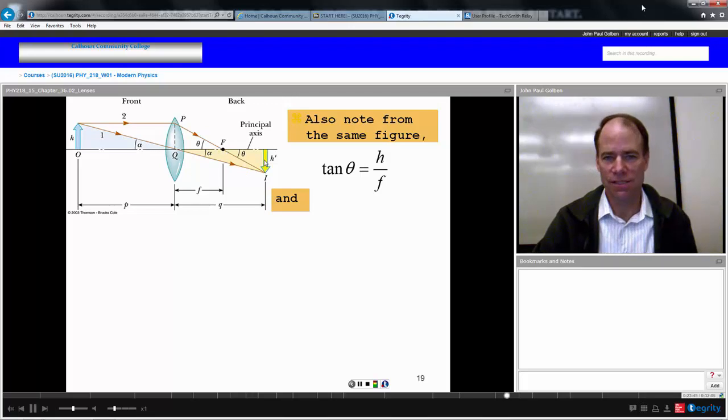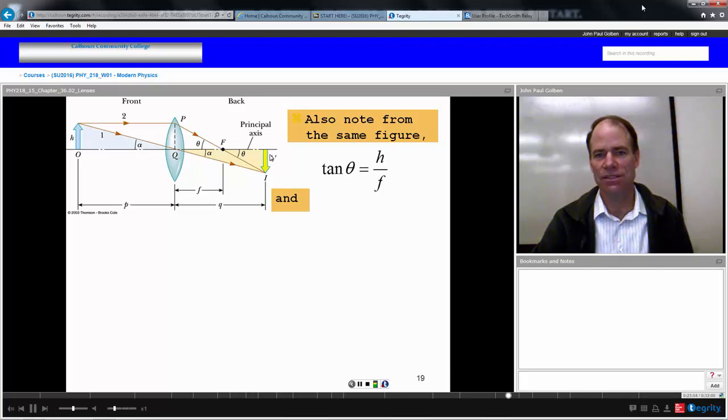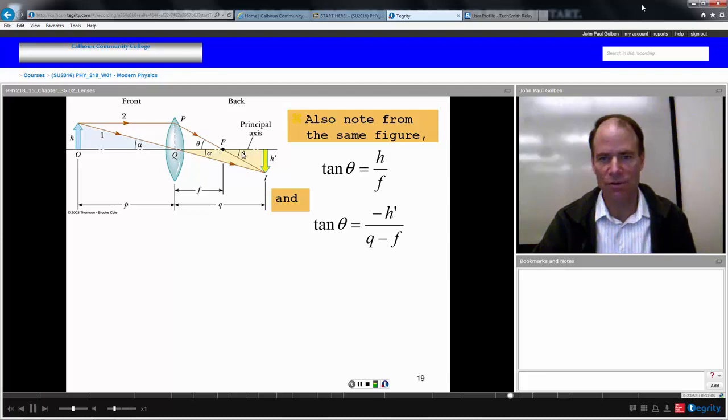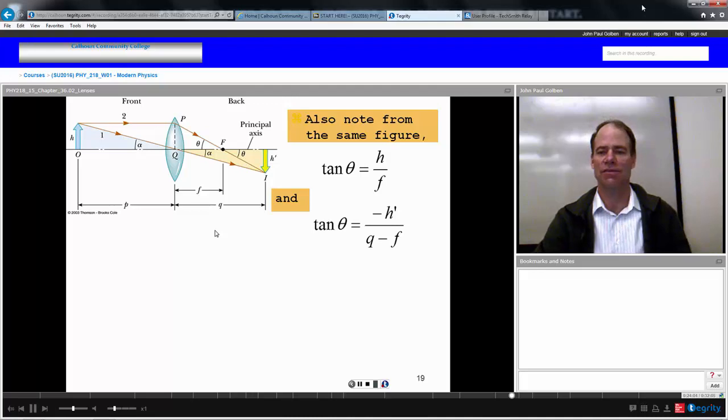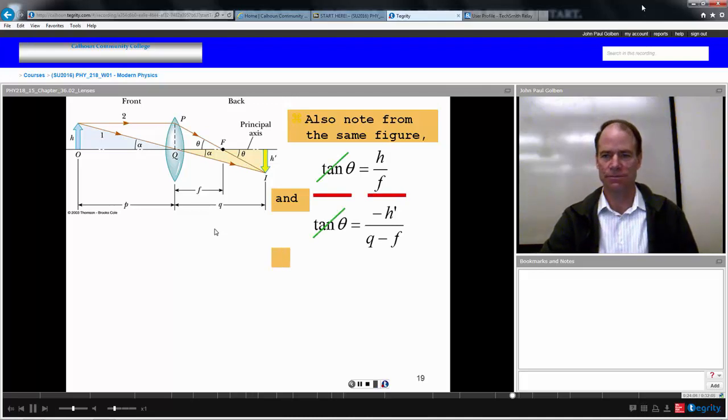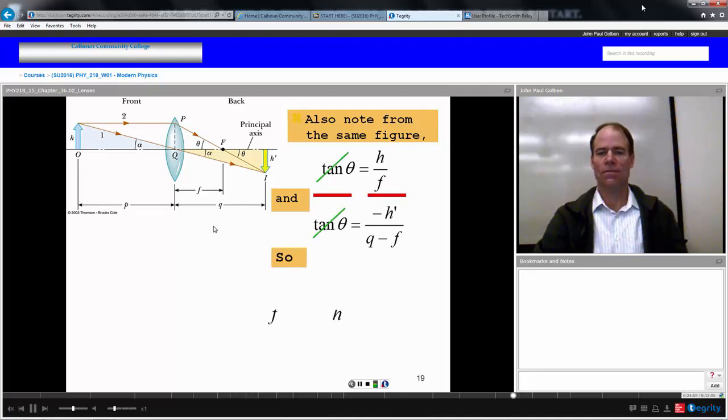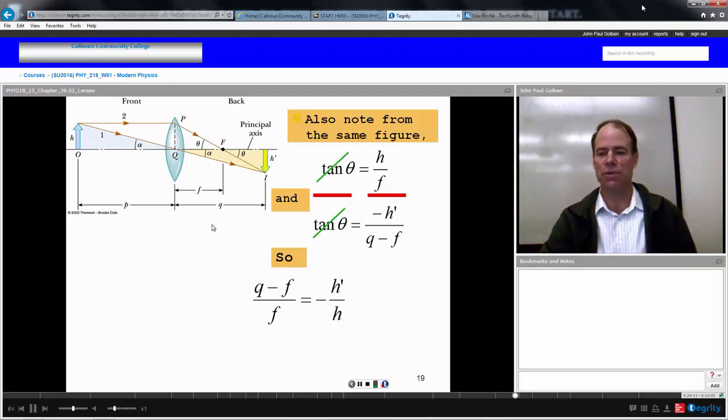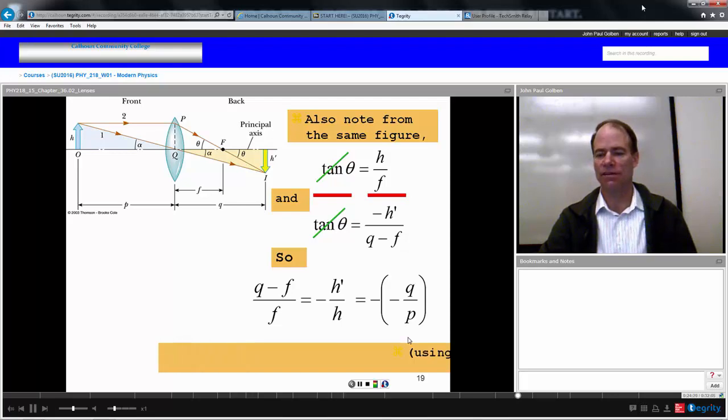And this angle over here is also theta for the similar triangle over here, and the tangent of theta will be equal to negative h over this distance right here, which will be the image distance minus the focal length f, q minus f. Take the ratio of these two, and we have q minus f over f is equal to negative h prime over h, but we know from the magnification that h prime over h is equal to negative q over p. So we have a negative negative here. Those negatives cancel out.